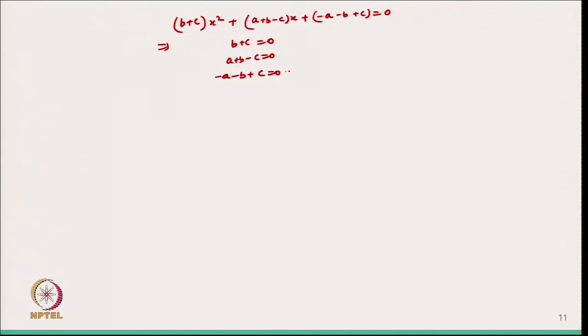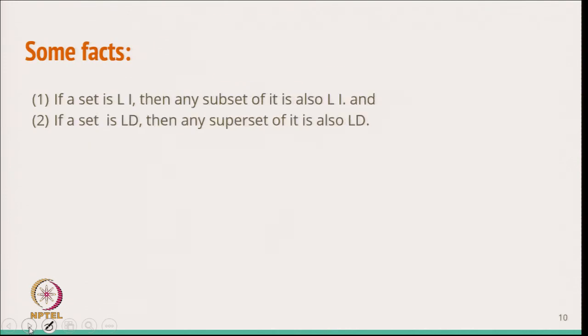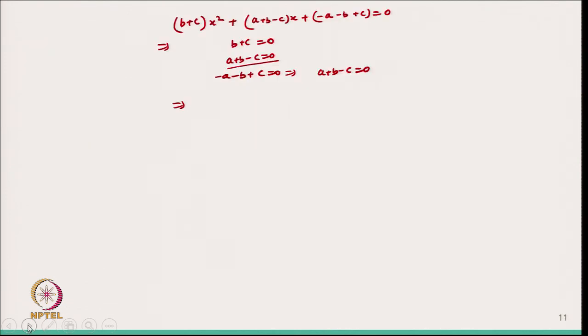Now, the coefficient corresponding to x is A plus B minus C, and the other is minus A minus B plus C, and both are the same.